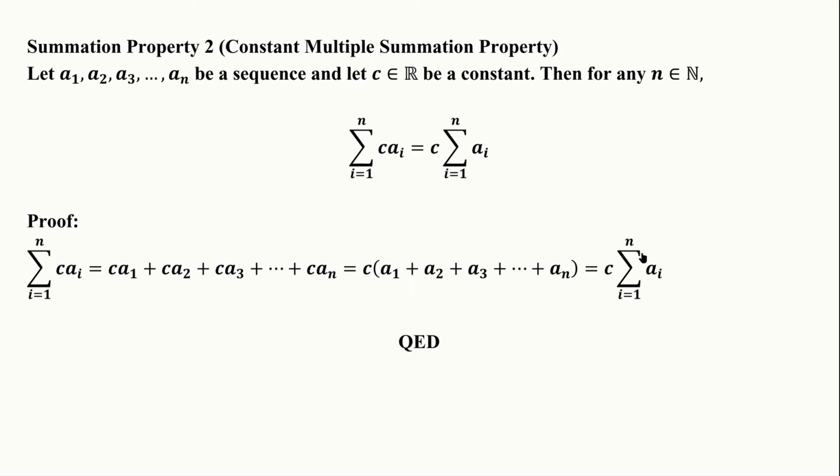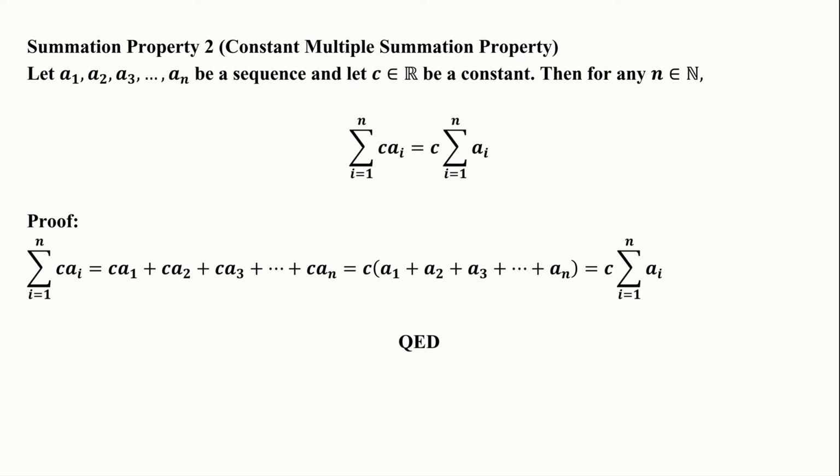That's the sum from i equals 1 to n of a_i, right? That's why you get c times the sum. So the summation of a constant times a particular term is just going to be the constant times the sum. And that's QED. That means the proof is finished. Remember, quod erat demonstrandum, Latin for that which was to be shown.